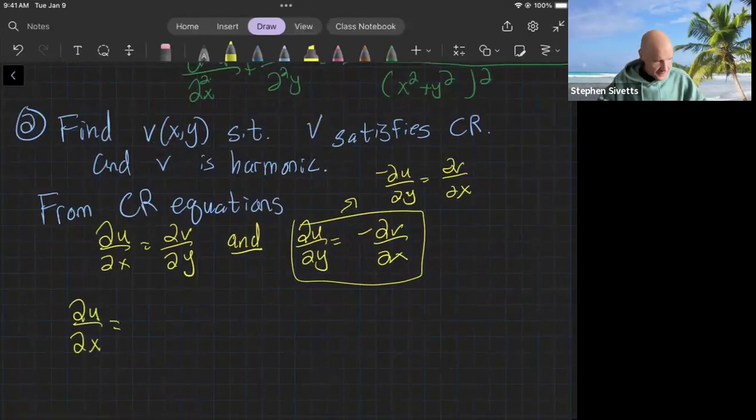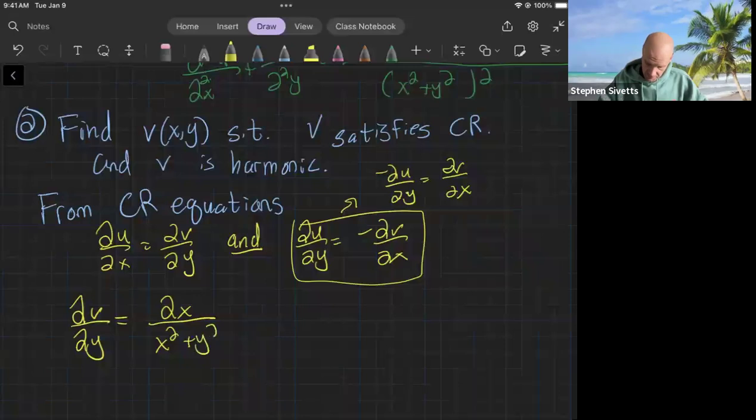Okay, let me write out. So the partial of v with respect to y, that means that quantity, equals 2x divided by x squared plus y squared.